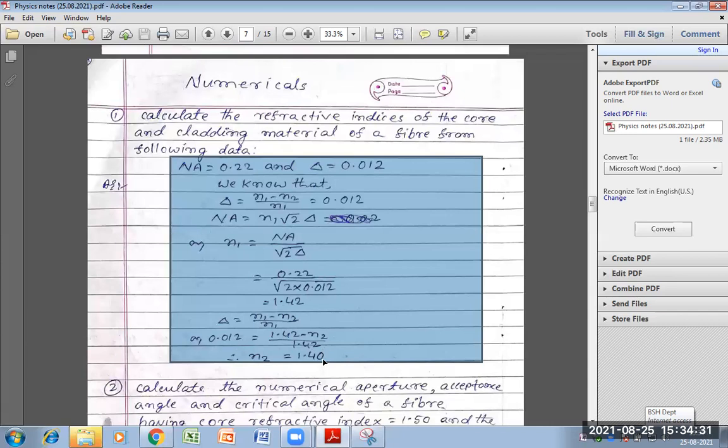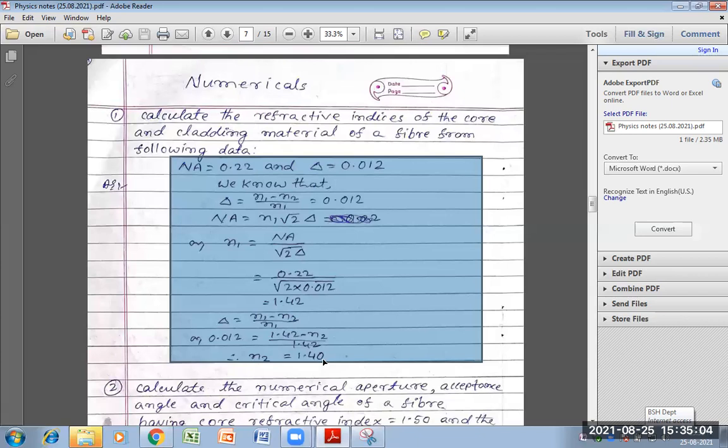So in the first question, some parameters are given here, and the other parameters we have to calculate.